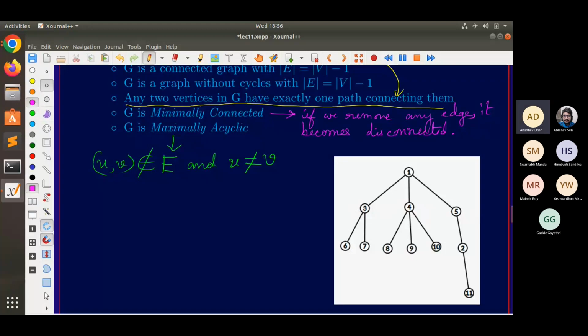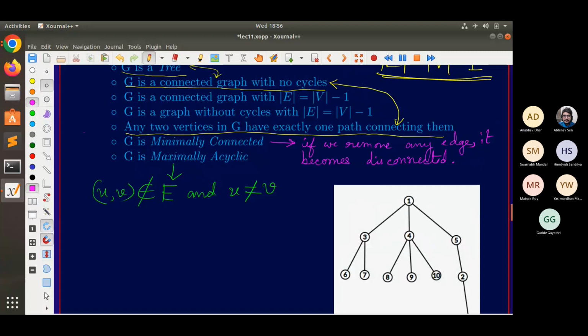Again, the proof of this being equivalent to this is pretty straightforward. We just assume that there is a cycle. Maximally acyclic means that the graph is already without any cycles. That means the no cycles part is proved.